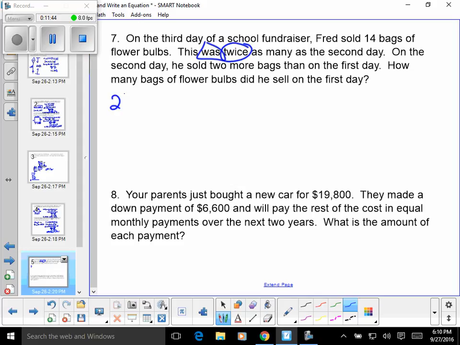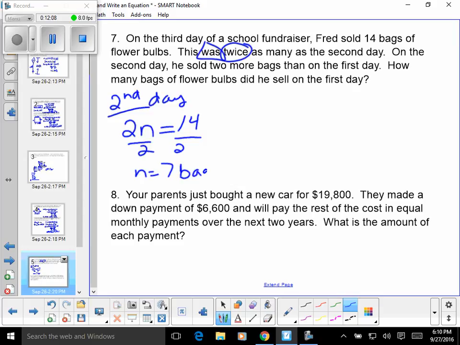So first of all, I've got to figure out how many he sells on the second day because I have to use that in order to figure out what I'm going to do for the first day. So for the second day, twice what he sold on the second day is going to equal 14. So now I know that on the second day he has sold 7.